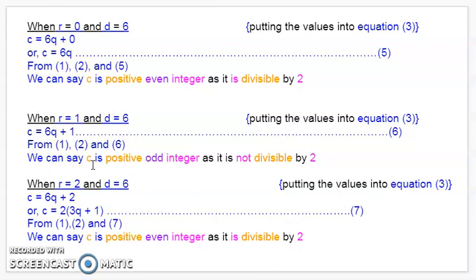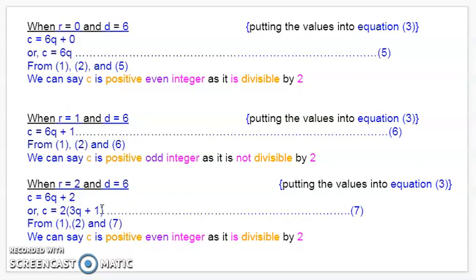So here 6q plus 1, no common factor other than 1. As it is not divisible by 2, this will be a positive odd integer. So when r equals 2 and d equals 6, again 6q plus 2. So here 2 is again common.